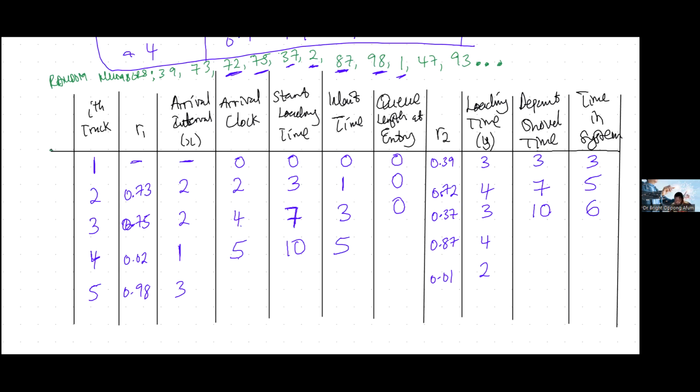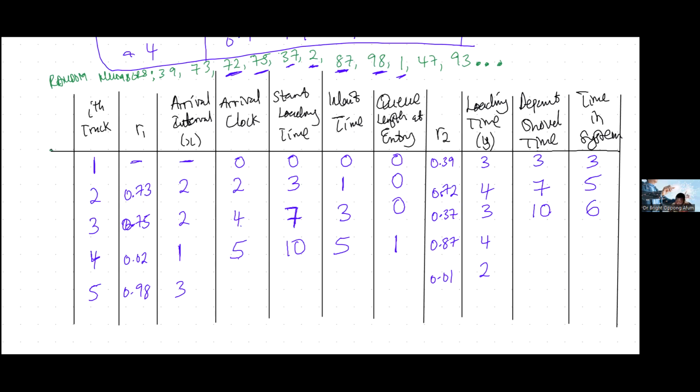Meanwhile, in the 5th minute, track 4 has arrived. So when track 4 arrived in the 5th minute, track 3 was already waiting. So it's going to queue. It will be the first track to queue, so the queue length will be 1.